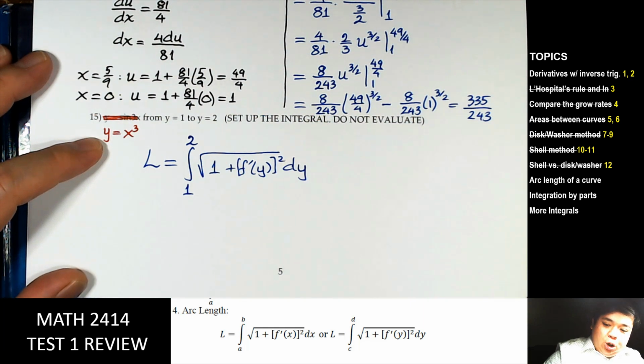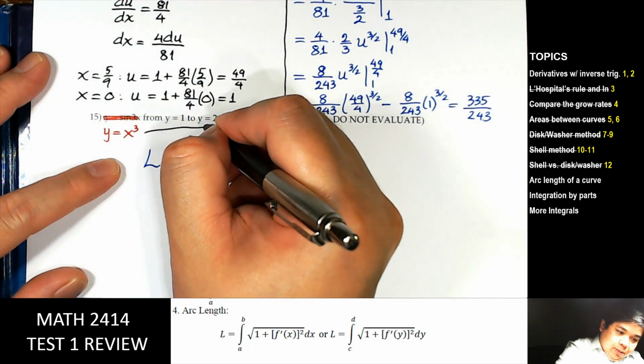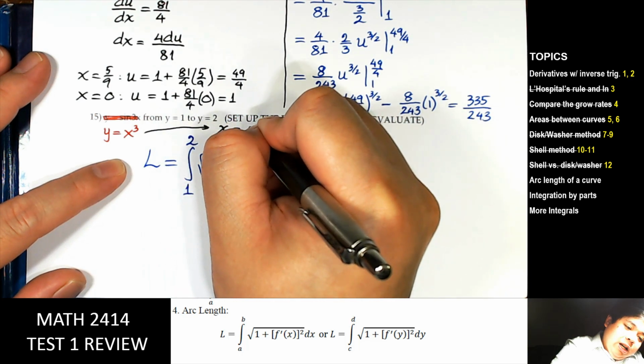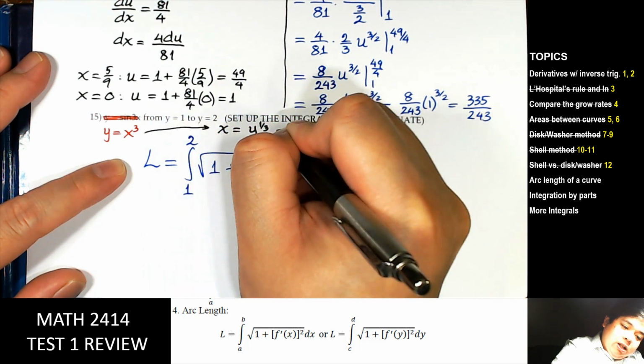y equals x cubed, meaning x equals the cube root of y. Let's just write y to the 1/3.